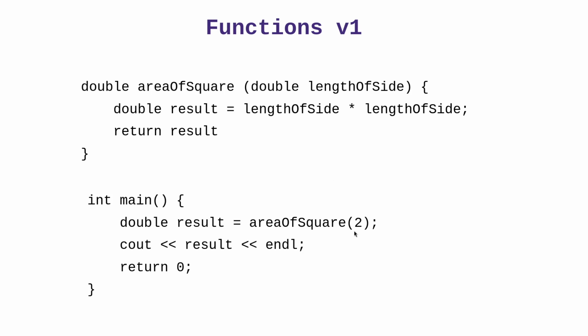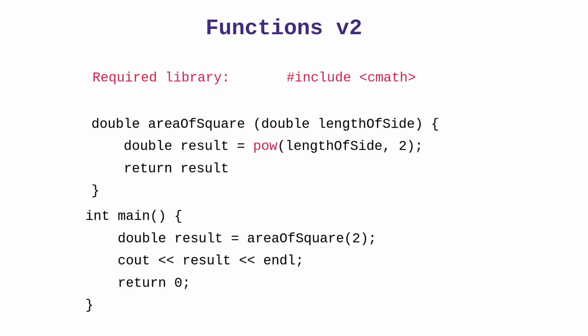So this 2 represents the length of the side of the square. If I give it this 2, it will say 2 times 2, which gives me 4, and then it will return 4. All of this will evaluate to 4, and that 4 will be stored in the result variable. That way, I will be able to print that 4.